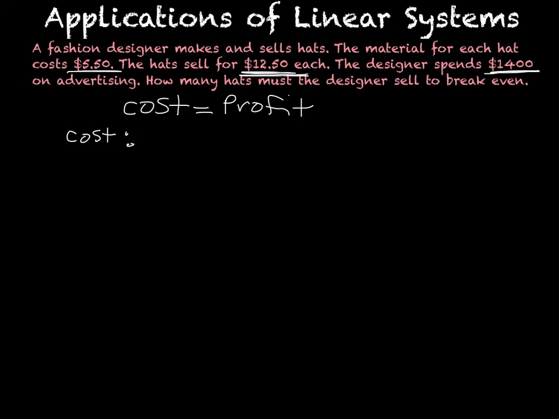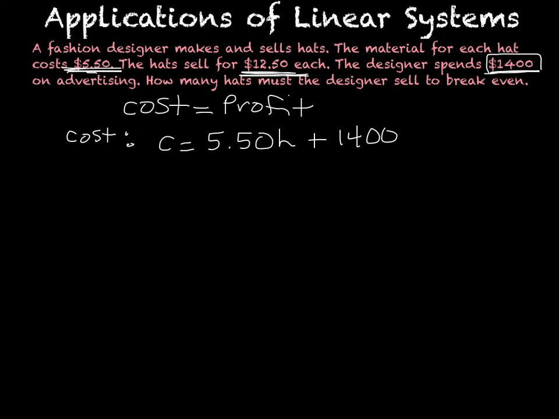That's going to be C equals $5.50 per hat, so $5.50 each, plus we have to add on, she's going to advertise her hats for $1,400. So that's the total cost.